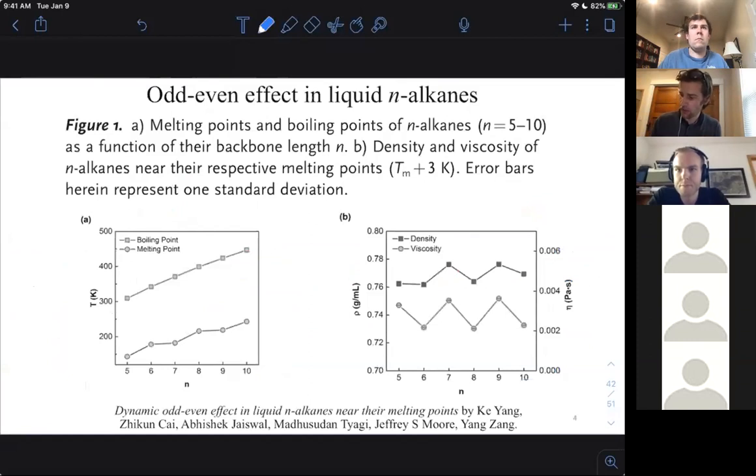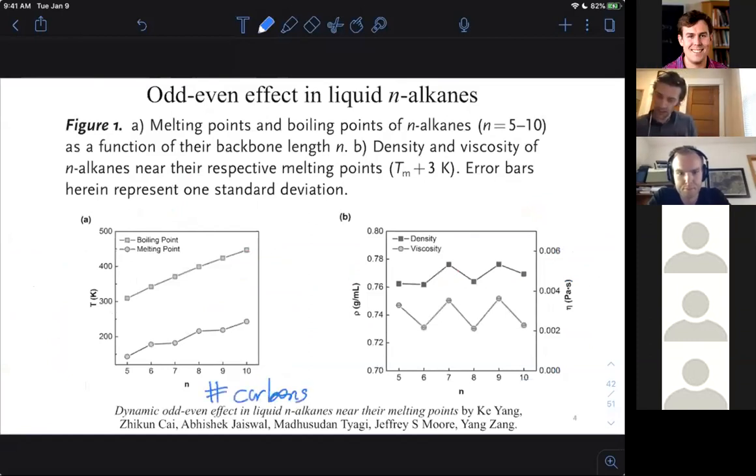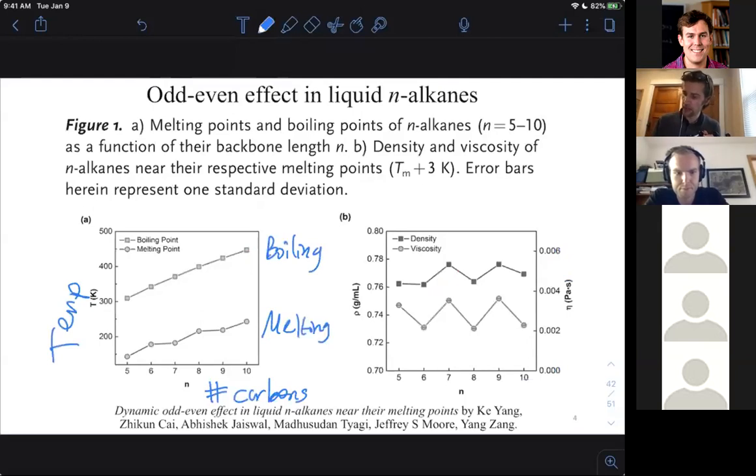This is the number of carbons, and on the vertical axis, this is something like temperature. So for boiling point, there's not an odd-even effect. As I increase the number of carbons, the boiling point is going up. However, for melting point, there's this odd-even effect, this zigzag behavior. The melting point goes up and down with the number of carbons.